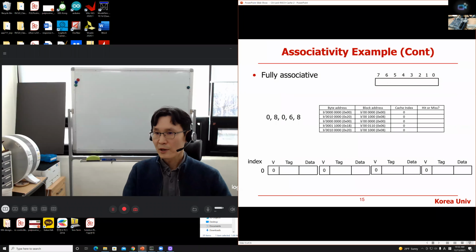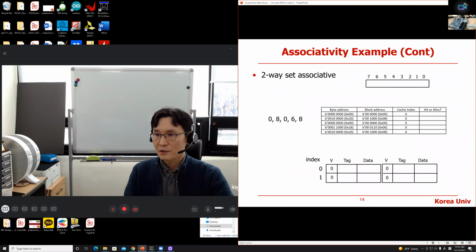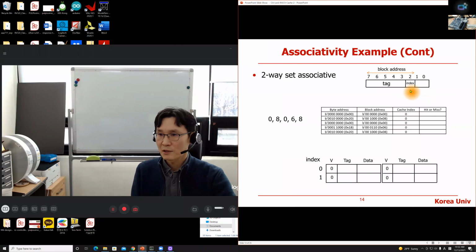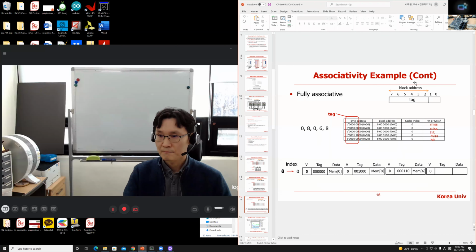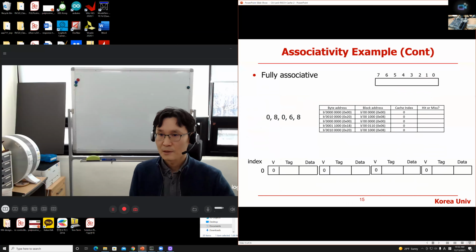So here, if you compare two-way set associative with fully associative, the address CPU generates, right? The same address CPU generates, and here we don't have an index field because we have only 1 set, no choice, right?